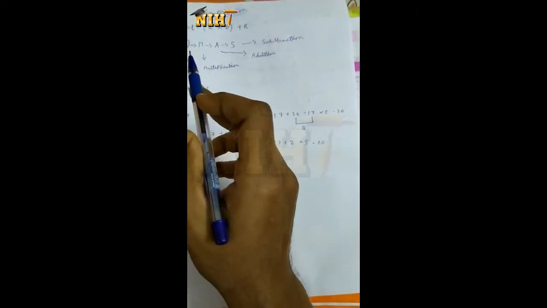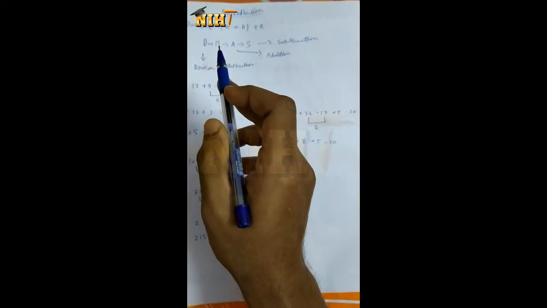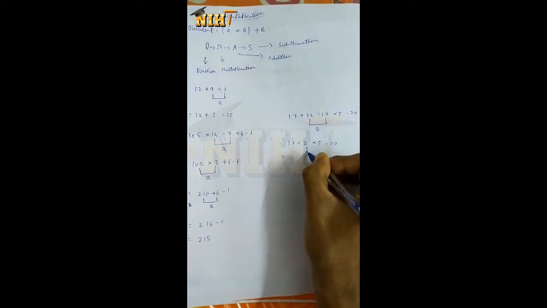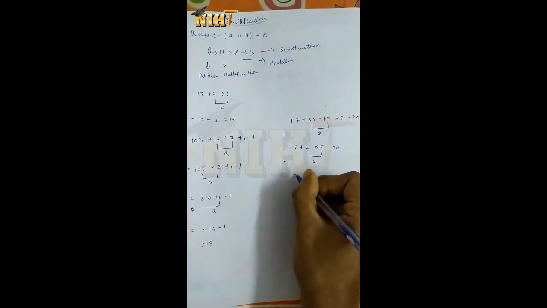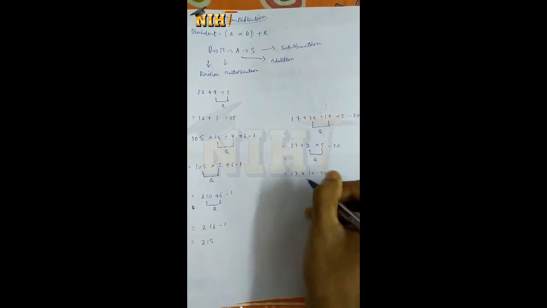In this step, again we have to find the quotient, which will be the multiplication as per D, M, A and S. So this will be the quotient. Now this will be 17 plus 5 into 2 is 10 minus 20.